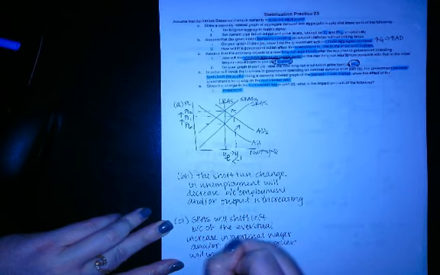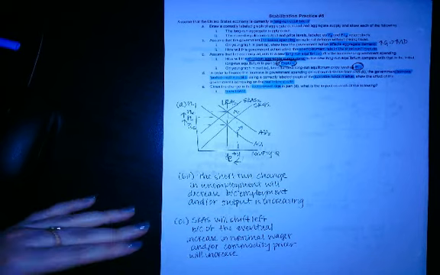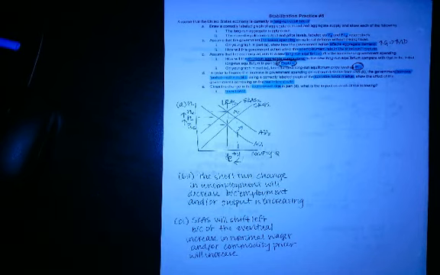The higher aggregate demand increases, the more expensive our commodities are going to become. So you can put both, or you could put one or the other, and both of them explain why short-run aggregate supply is shifting to the left.